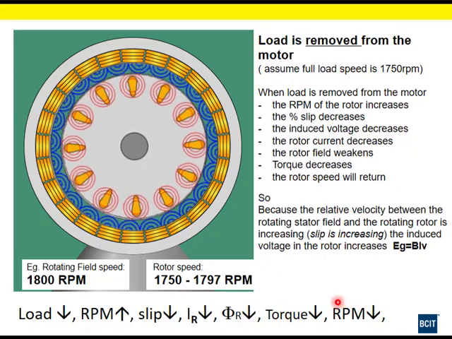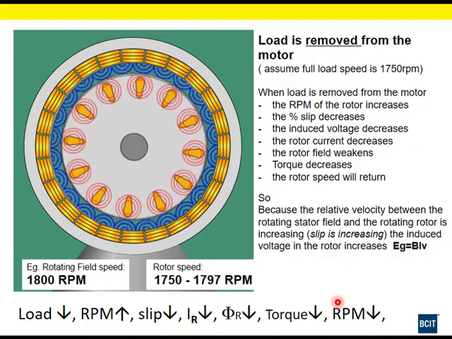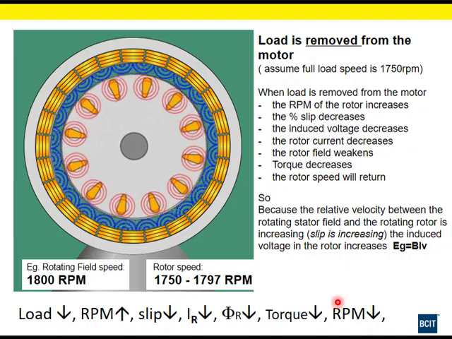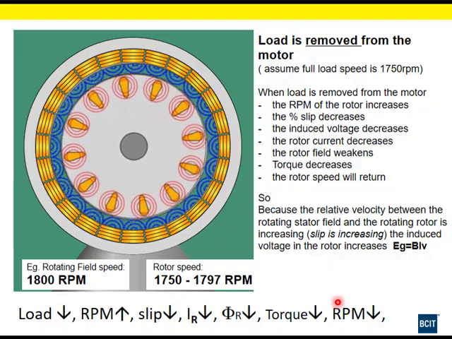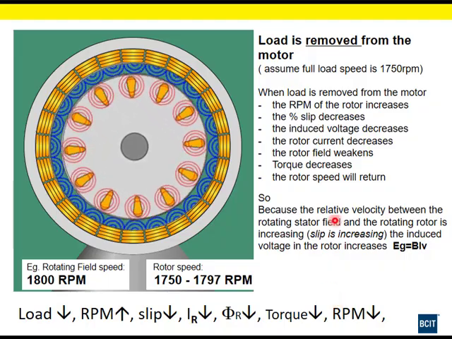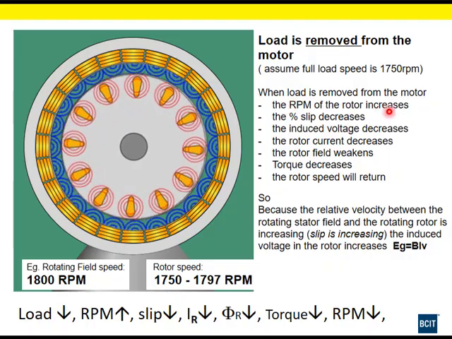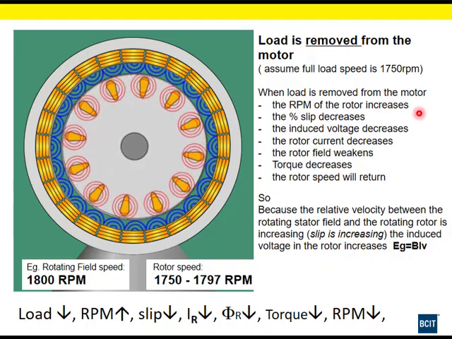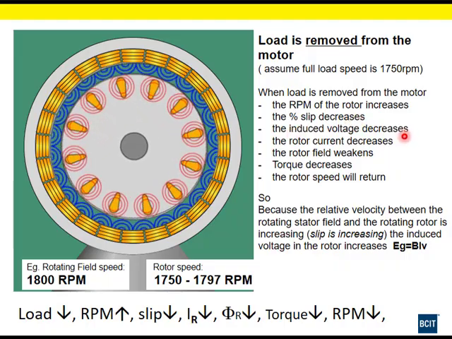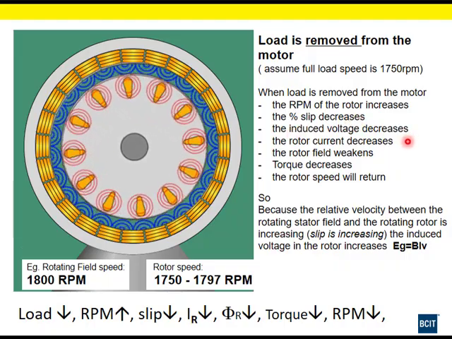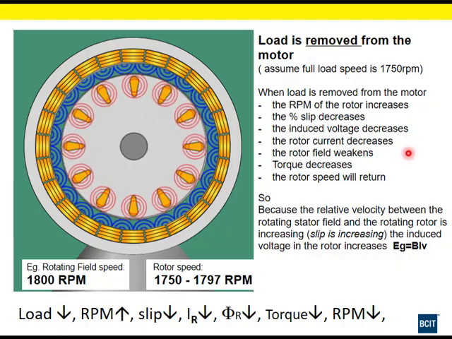Now, when load is removed from the motor, again, let's assume the full load RPM is 1750. Now the opposite happens. Okay, so when load is removed, the RPM of the motor is going to jump up, it is going to increase. The percent slip is going to decrease. Our induced voltage is going to decrease. So everything that happened as we added load to the motor is going to happen in the opposite.